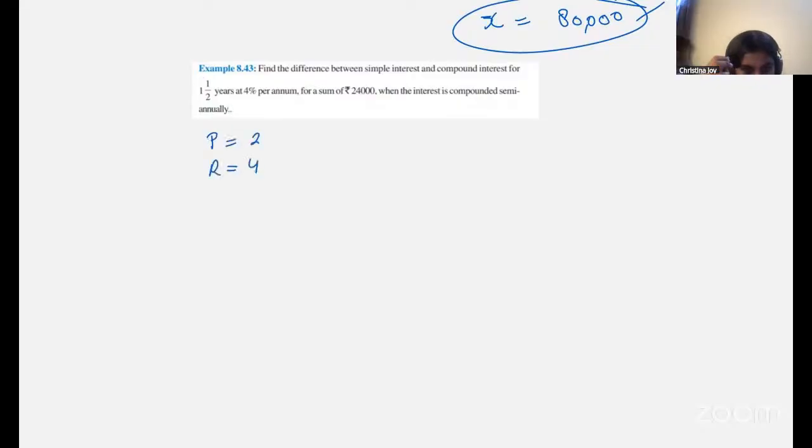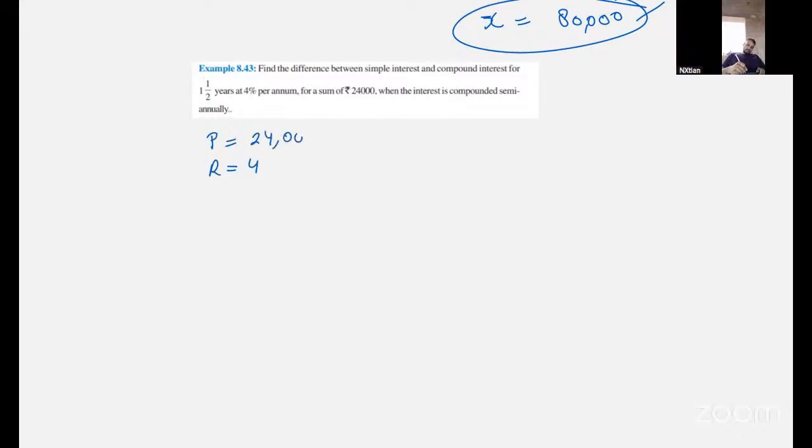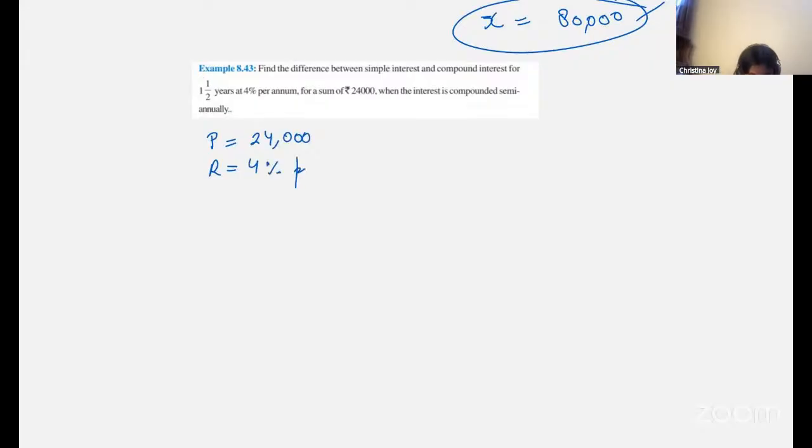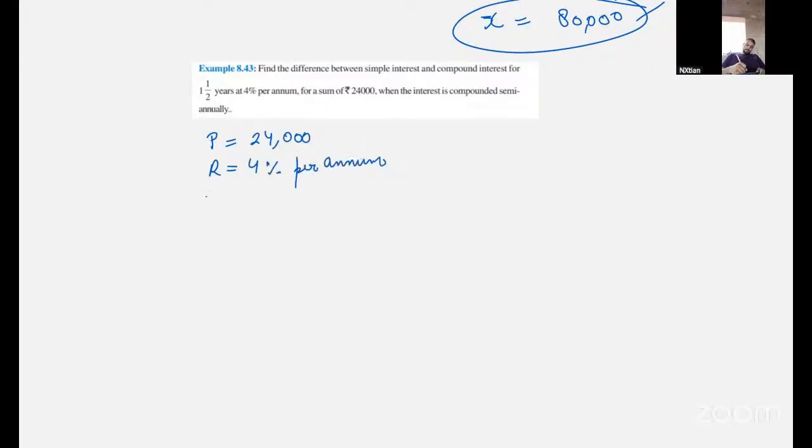24,000. And what is the rate? 4% per annum. And how much time is there? 1.5 means 3/2 years. Now, what is the formula for simple interest? Simple interest formula is P into R into T by 100.